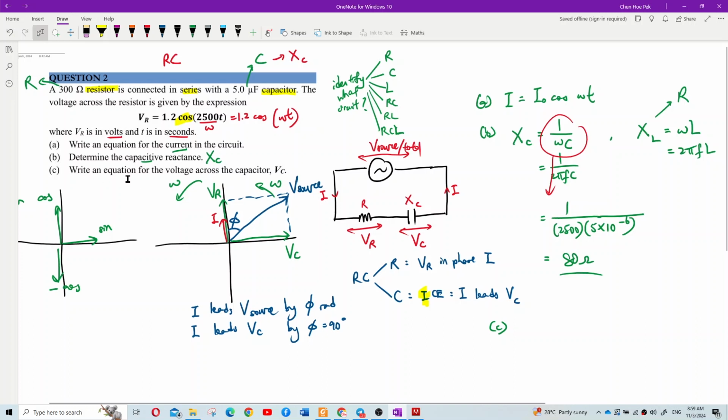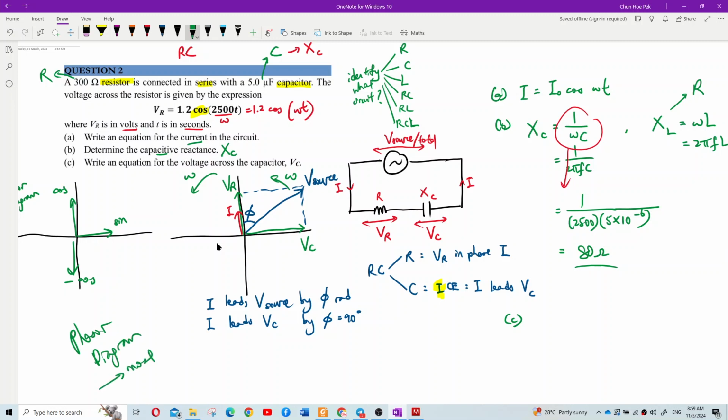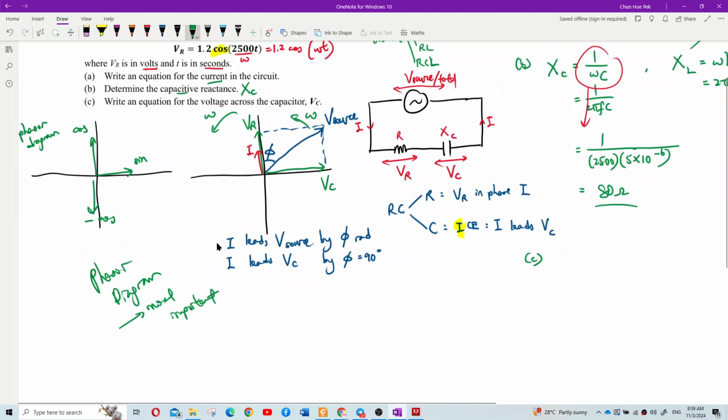So write an equation for voltage across capacitor. How to determine? Determine from phasor diagram. That's why I say phasor diagram is most important. From phasor diagram, you can get all the equations.